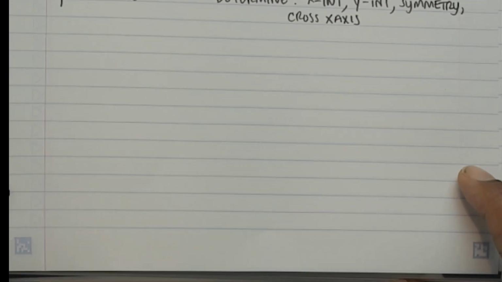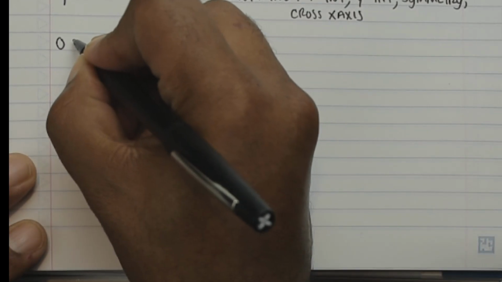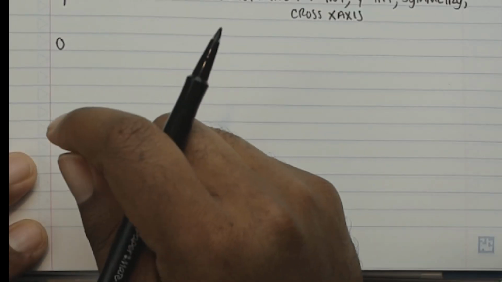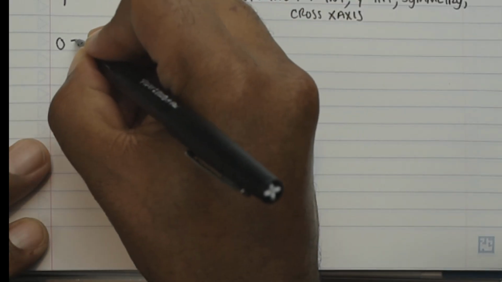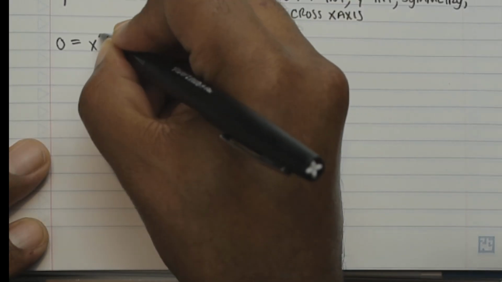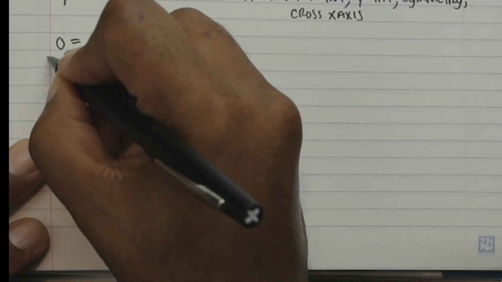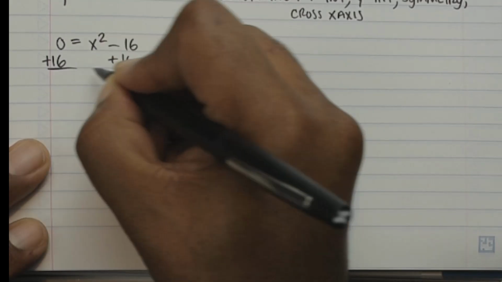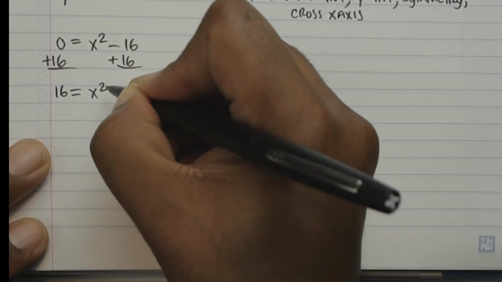All right, now I want to do those things here. If we're looking for the x-intercept, we're going to let y equal 0. So 0 equals x squared minus 16. Add 16 to both sides. 16 equals x squared.